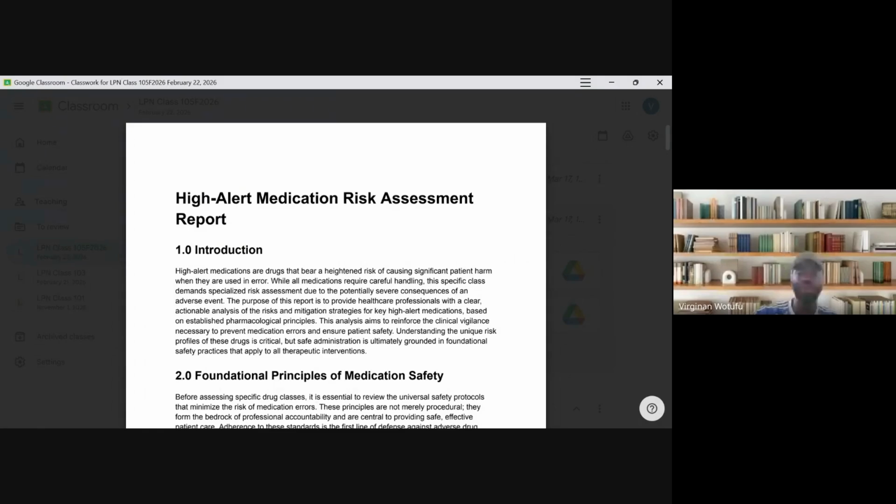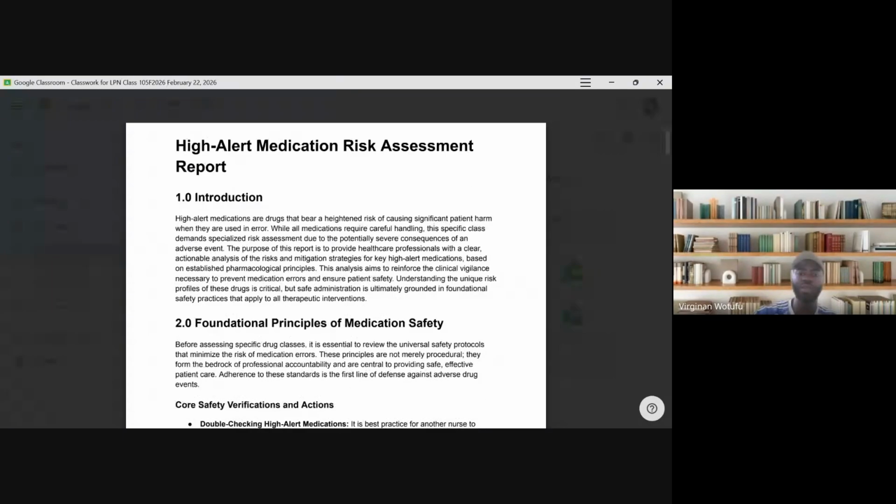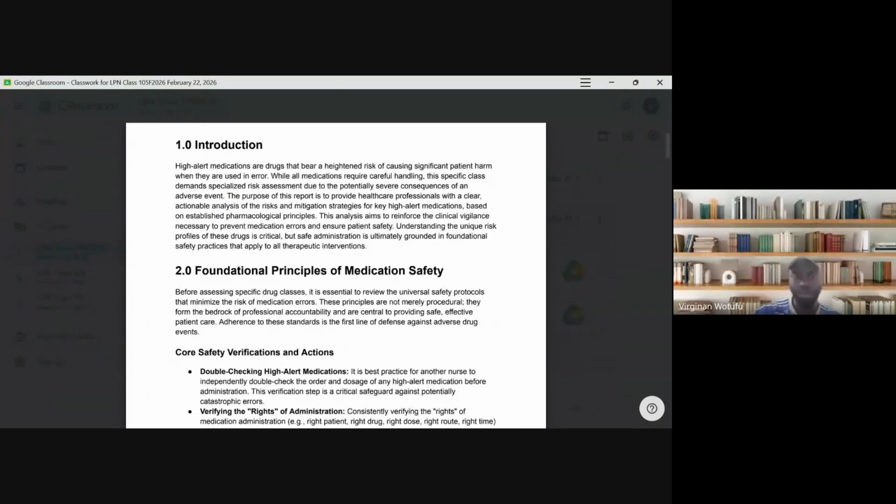We should never deviate from them. We talked about the core principles of medication safety in the previous slide, so we just have a run through of it again here, so we can understand it and it sticks with us.